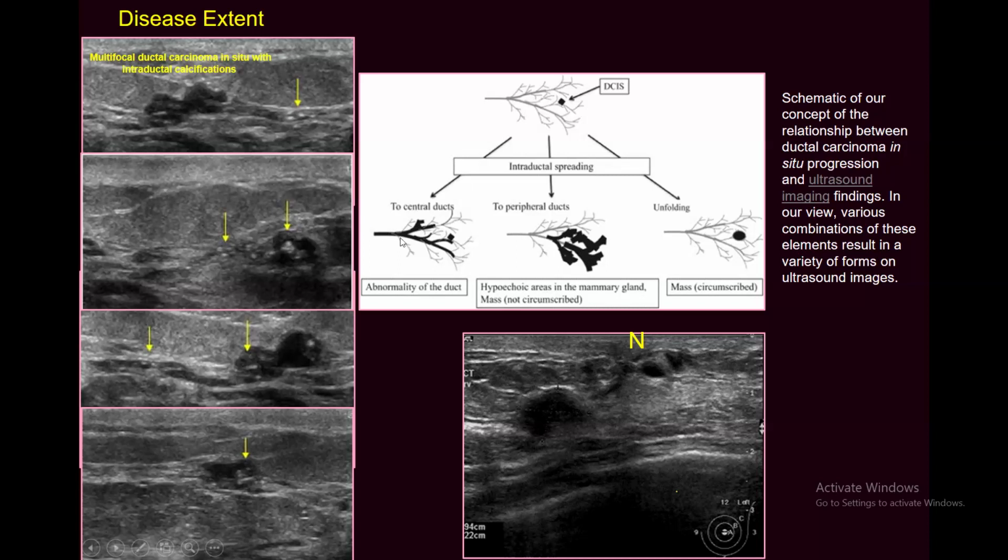It can spread within the duct, this way. It can just stay and enlarge, giving a mass. So it can present as a mass, or as a ductal-like pattern, as we have seen in the previous examples. This is my patient having DCIS extending into the nipple, giving Paget's disease.